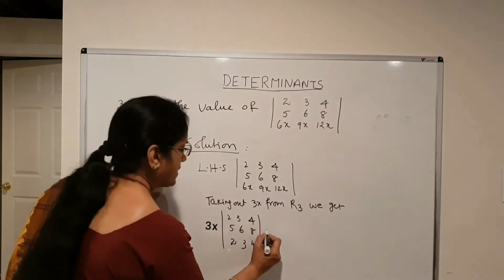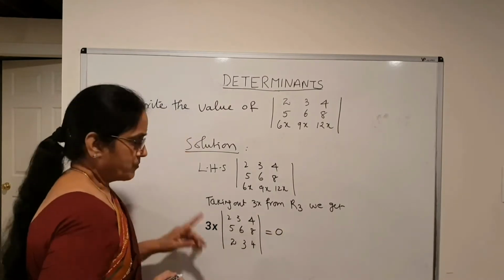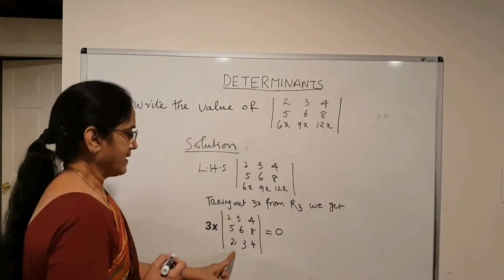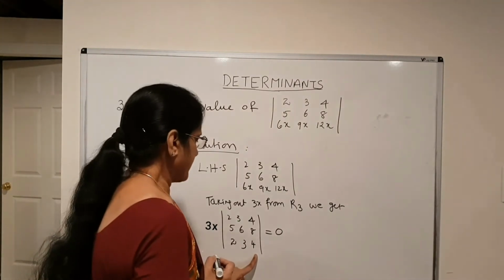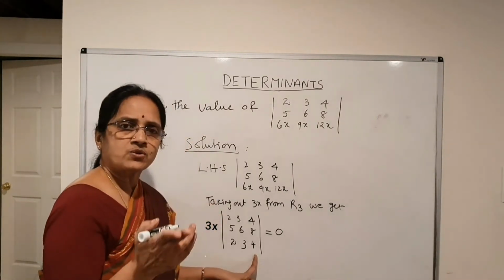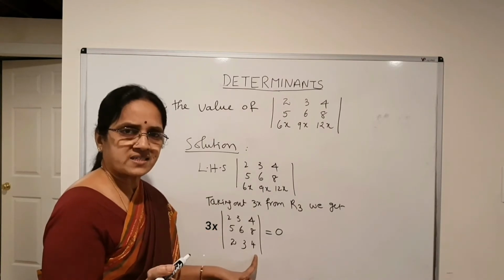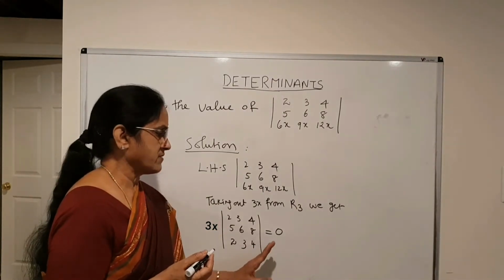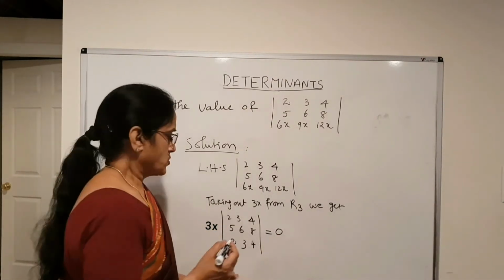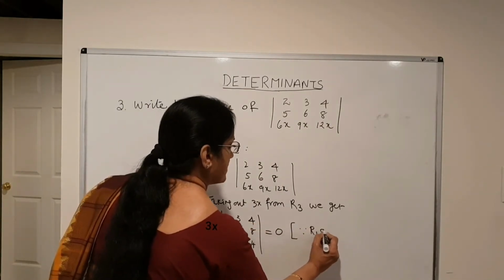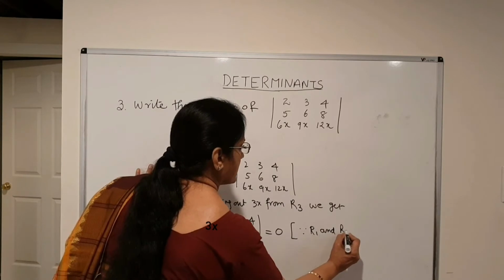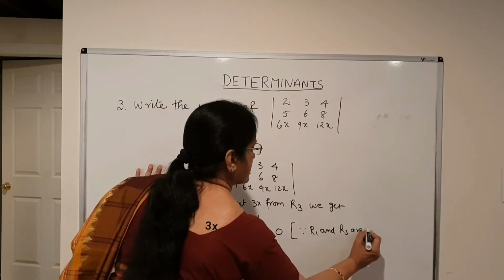This value is going to be 0 because R1 and R3 are identical. Already I told you, in a determinant, if any two rows or columns are identical, then the value of the determinant will become 0. So, you have to write here, since R1 and R3 are identical.